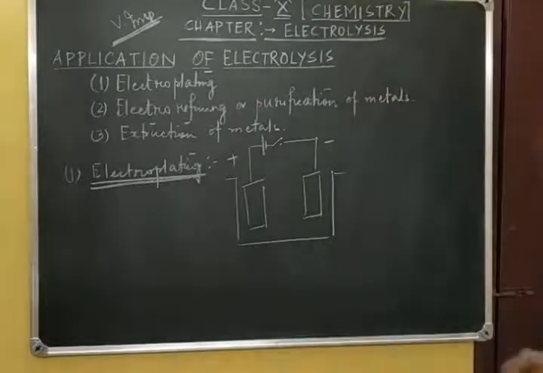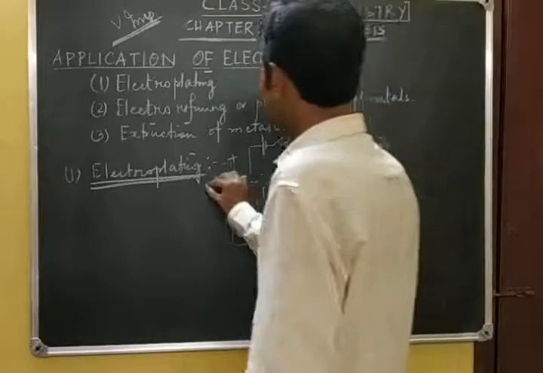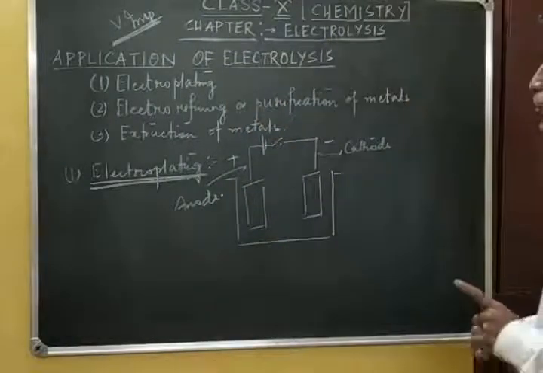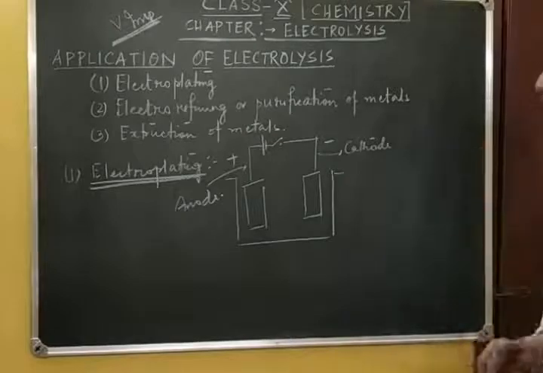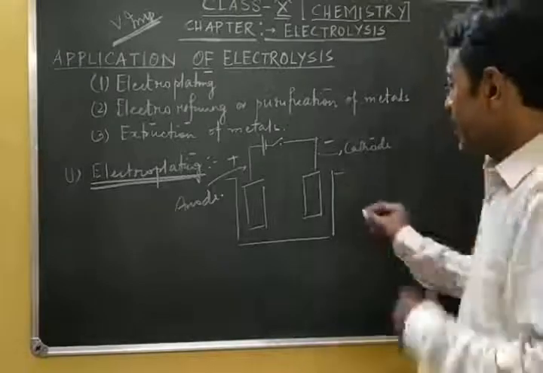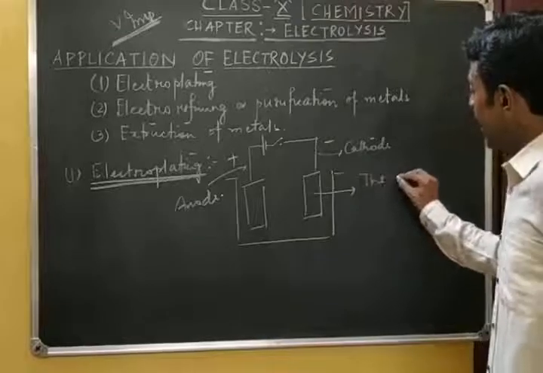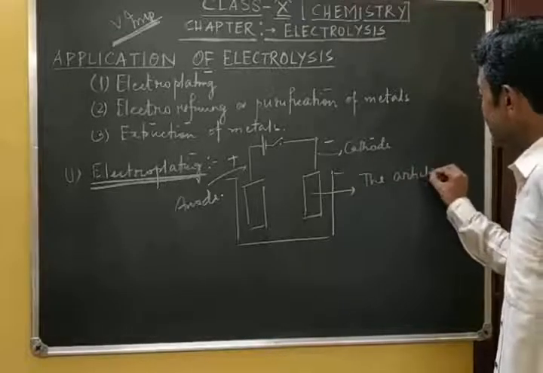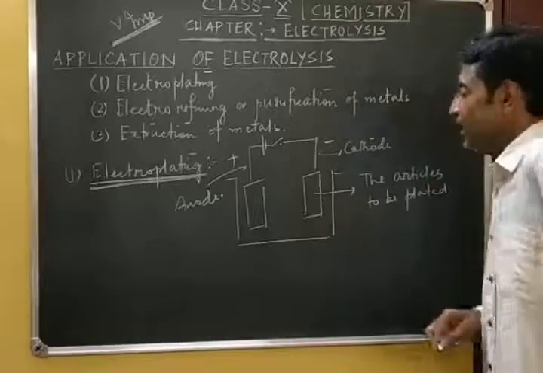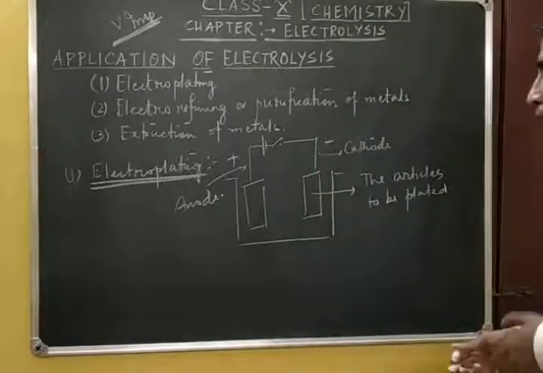So this is cathode and this is anode. The articles to be plated will be placed at the cathode. Say it might be a gold ornament, it might be a spoon, it might be any metallic object. So here at the cathode we should place the articles to be plated, that on which we would like to plate or coat the other metal.